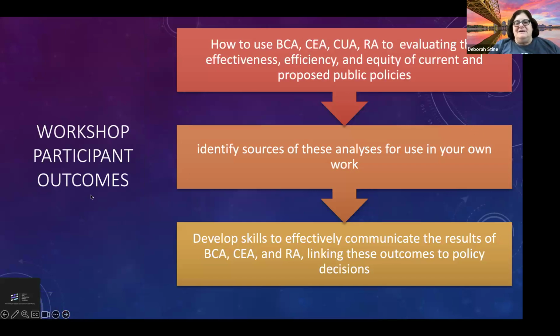So the goal of this workshop is to learn how BCA, that's benefit cost analysis, CEA, cost effectiveness analysis, CUA, cost utility analysis, and RA, risk analysis, are used for evaluating the effectiveness, efficiency, and equity of current and proposed public policies, to identify sources of these analyses that you can use in your work, and develop skills to effectively communicate the results of these analyses, linking outcomes to public decision-making.